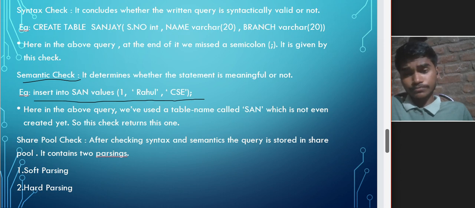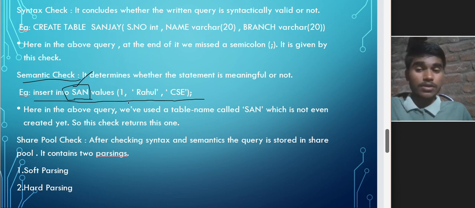It checks whether the order is correct or not. Here we gave an integer first, but in the table SAN, the first column may be of a character type, not a number type. It checks like that and tells us whether the semantics is correct or not.